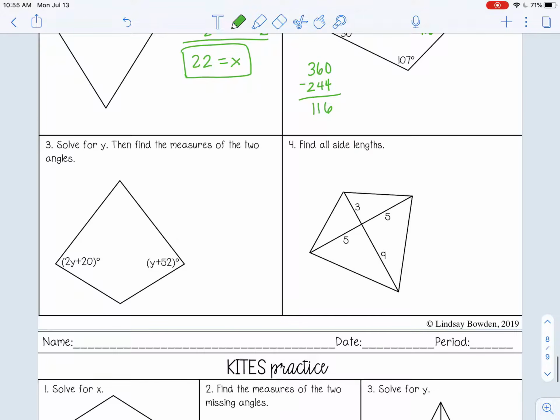All right, in example number 3, it says solve for y, then find the measures of the two angles. So these angles are congruent, so I can set the expressions that represent the measures of those angles equal to each other. I don't need the parentheses, I don't need the degree symbol. All right, so I'm going to start by subtracting y from both sides.